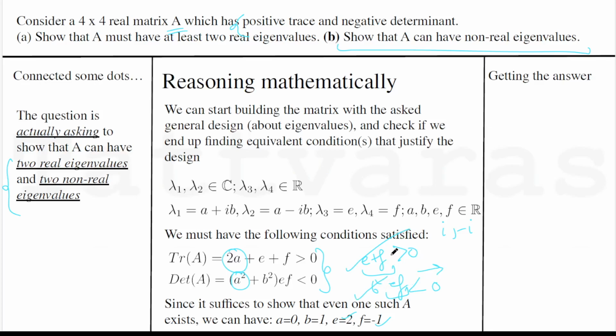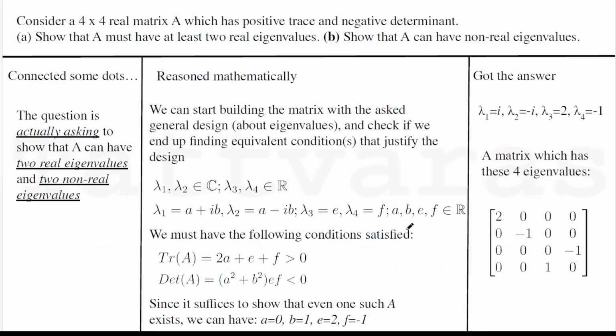So that's it. If you can design a matrix which has these eigenvalues, then that matrix is a kind of matrix that A can be, and the existence of that matrix is proof enough that shows that A can have non-real eigenvalues.